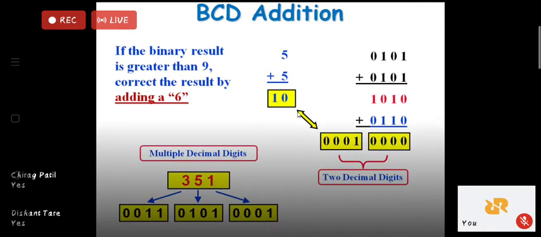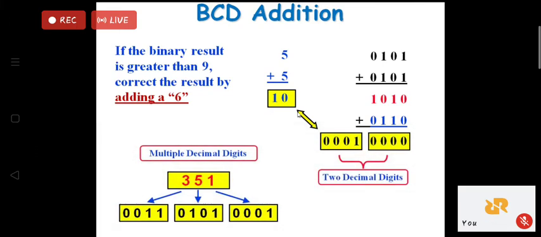Similarly, you do 8 plus 7 using binary BCD arithmetic and tell me the answer in the form of a BCD number.